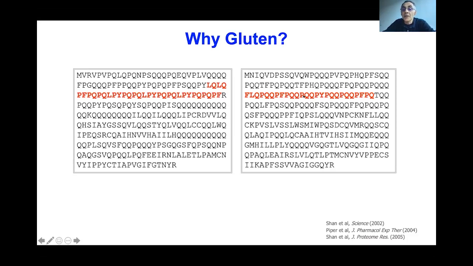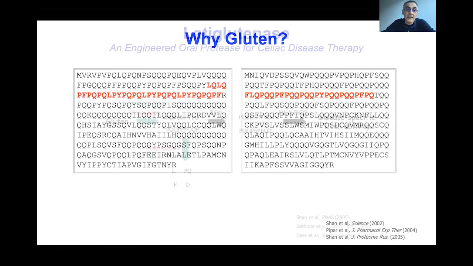And this protein, the sequence on the right, has 6 epitopes that are all recognized by HLA-DQ2. So these are incredibly potent antigens that are just not digestible trivially in the human gut.